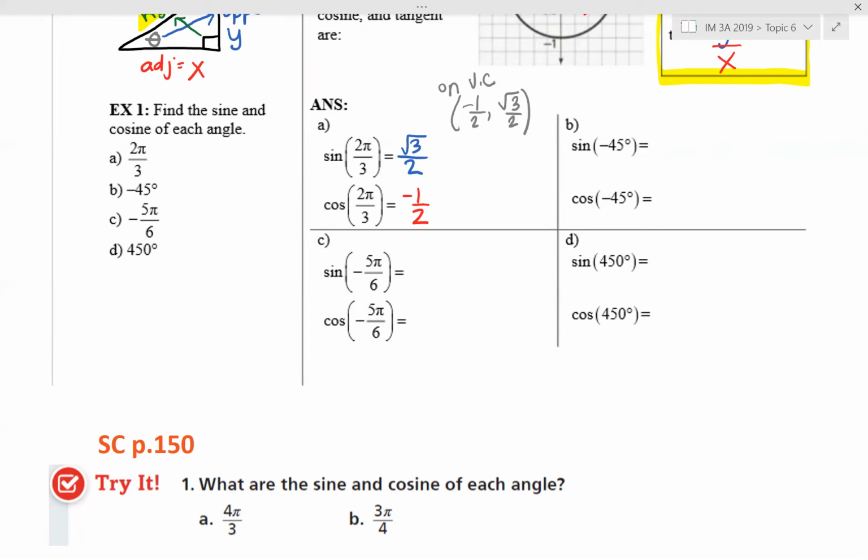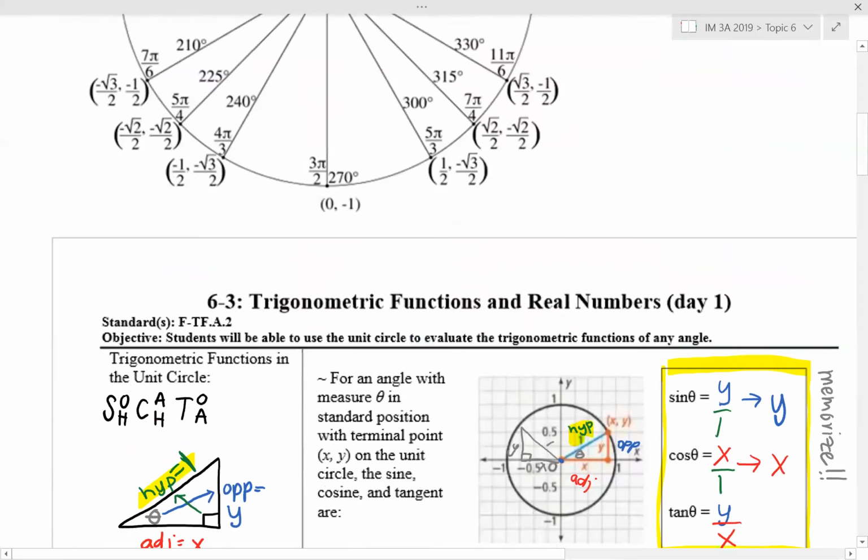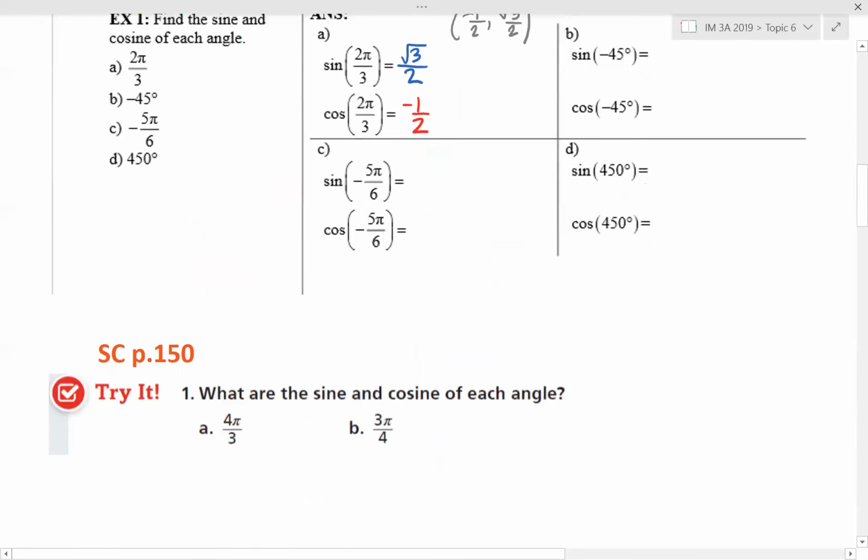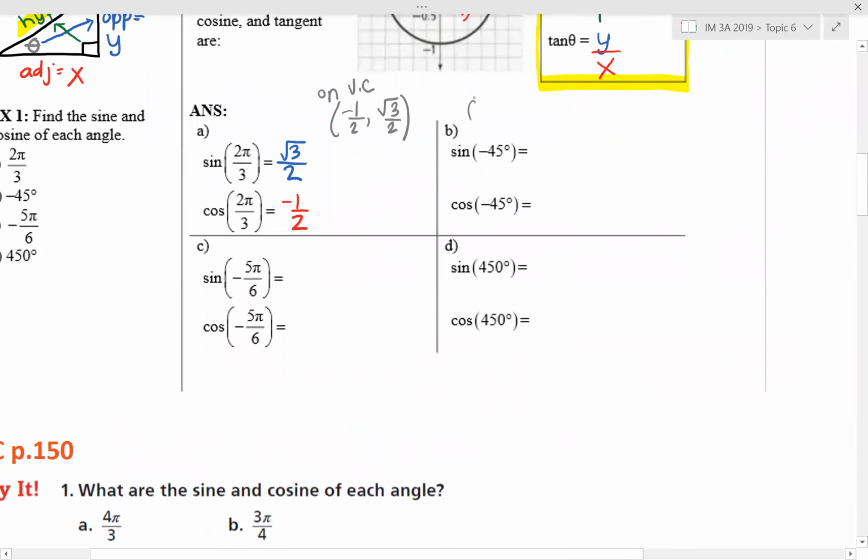What's going to be difficult, per se, for B is that -45 degrees is not technically on the unit circle. I can't just look at the unit circle and say, oh, there's -45 degrees, because these are all positive angles. So what I have to do is find the coterminal angle.